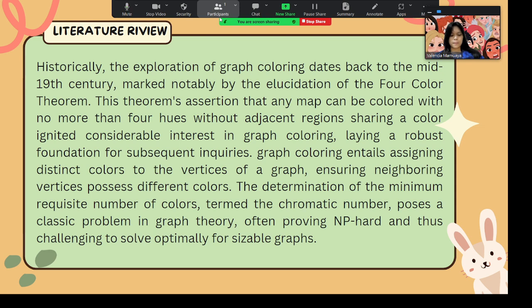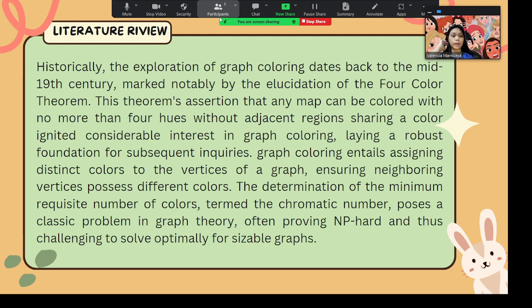Conversely, backtracking algorithms such as recursive backtracking and backjumping pursue exact solutions methodically by exhaustively exploring potential color assignments.